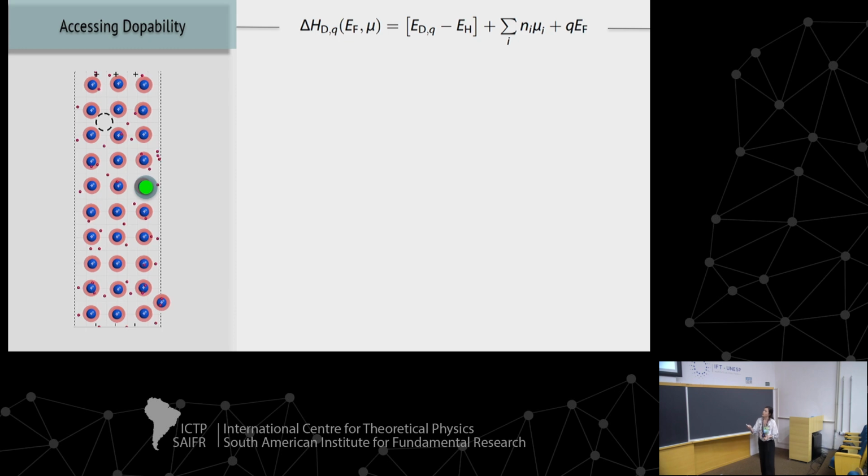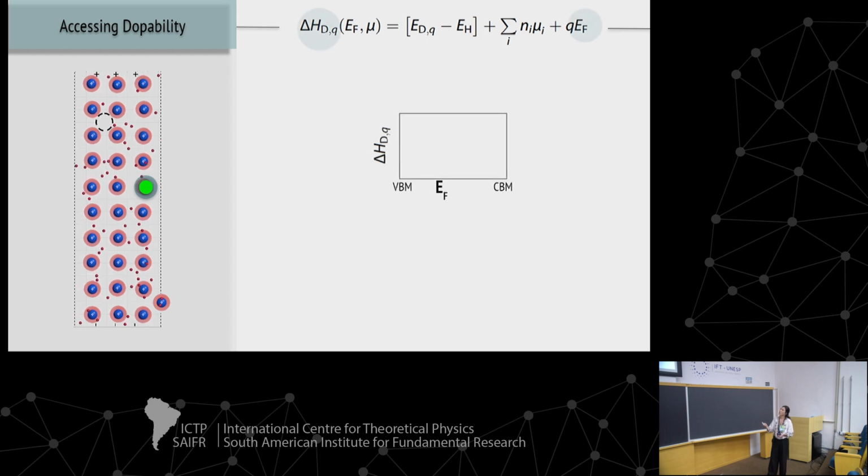And how do we do this? If you are not familiar with this area, looking at the expression to compute the defect formation energies, for a material of interest, what we do is compute, for all different intrinsic defects in the relevant charge states, delta H. And then we usually compile these results in defect diagrams, where we have delta H as a function of the Fermi energy.